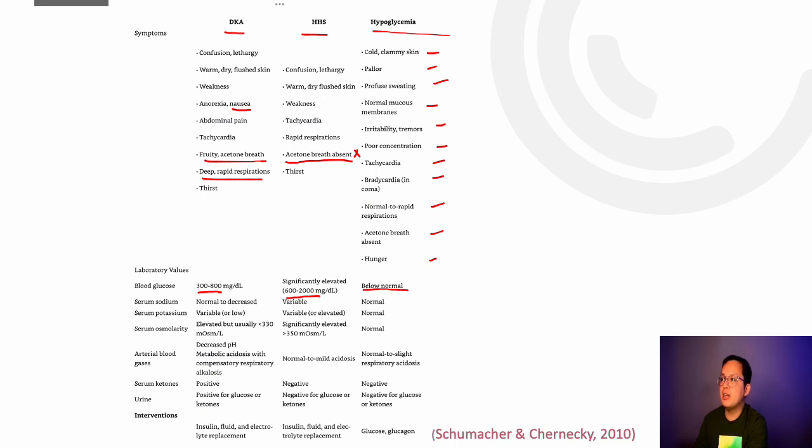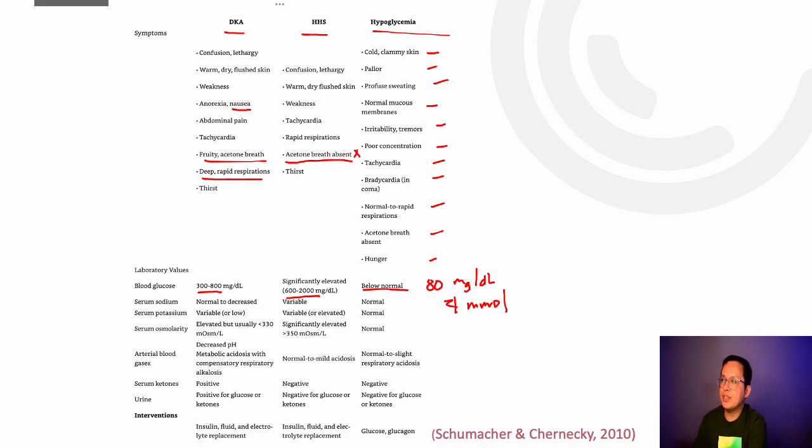What is normal? It's 80 milligrams per dL, or below 4 millimoles. Canada uses millimoles. The Philippines and the United States use milligrams per dL.